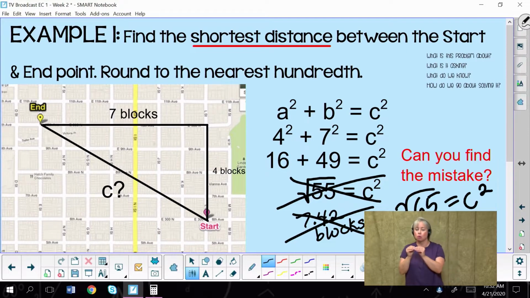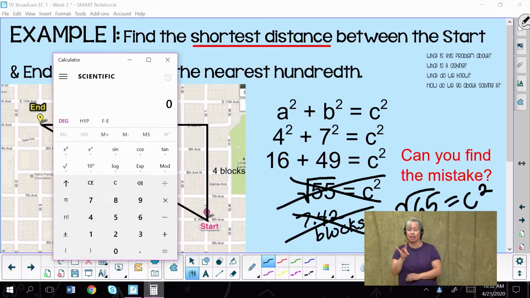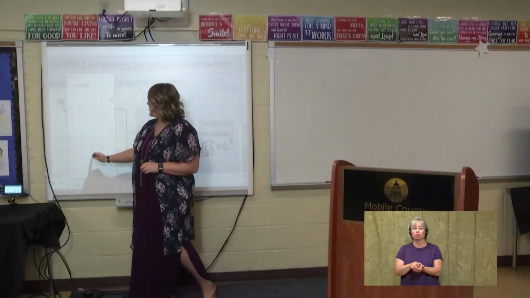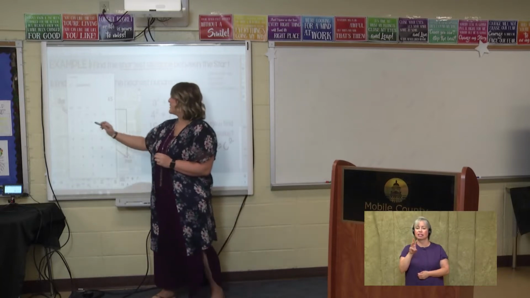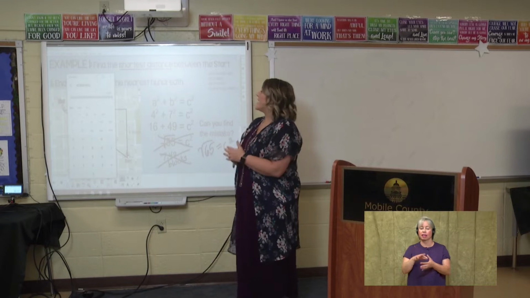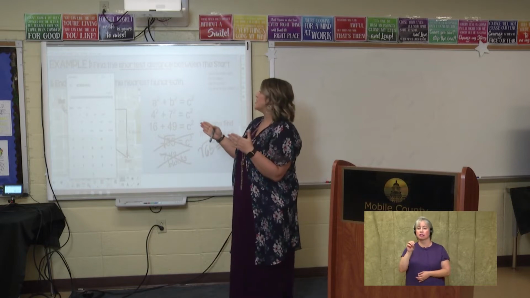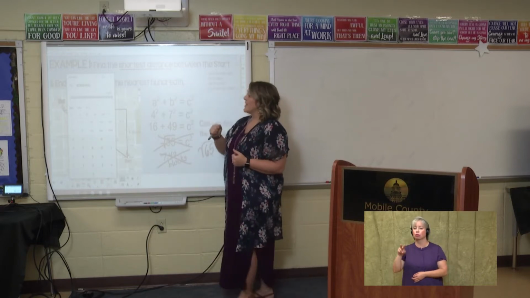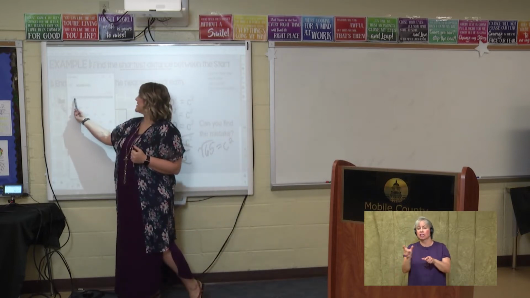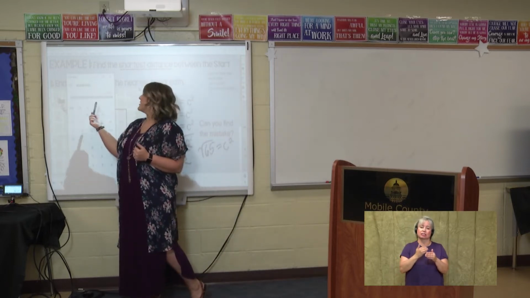We're going to go to our calculator to simplify our square root. So we'll put in 65 into our calculator, take the square root of it, and we get this long decimal expansion, 8.06225, and it says to round to the nearest hundredth. So coming over here, the nearest hundredth is the second place after the decimal.